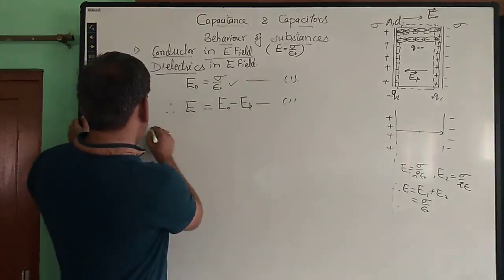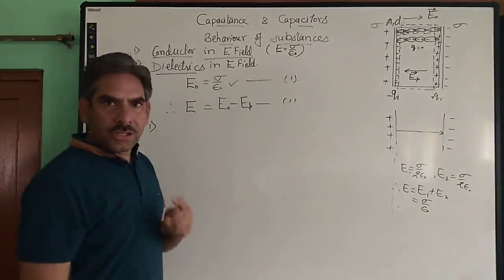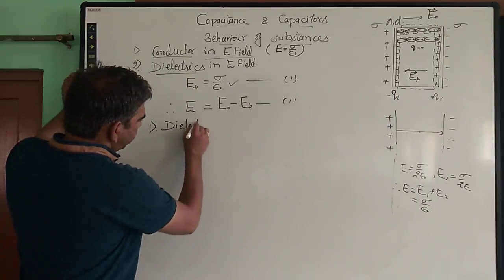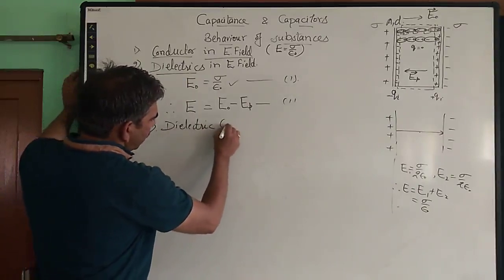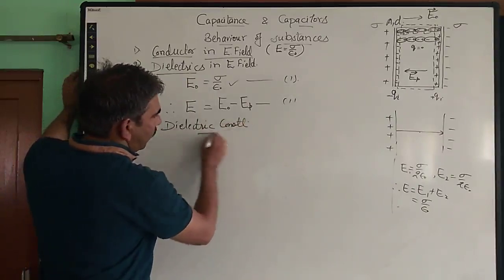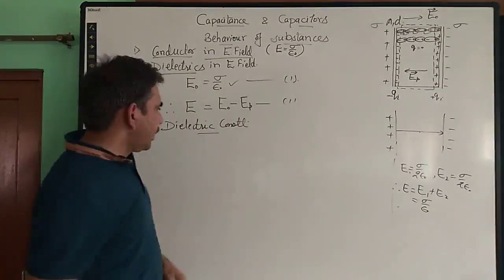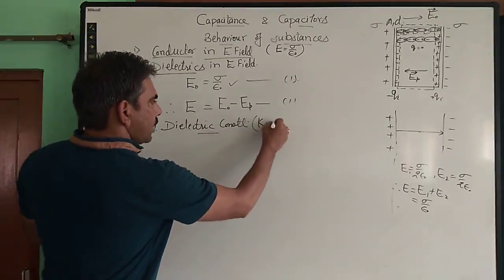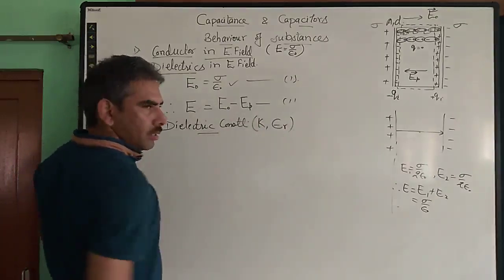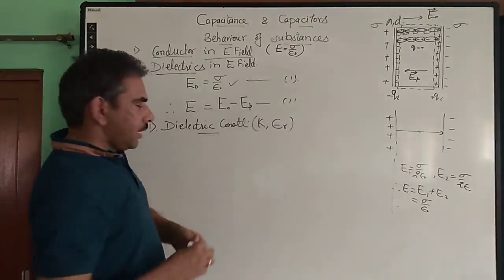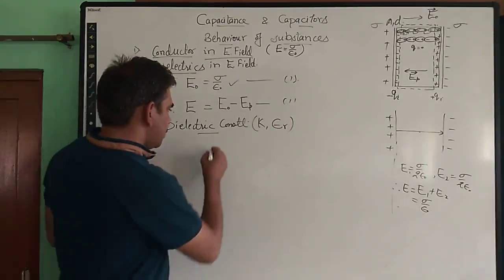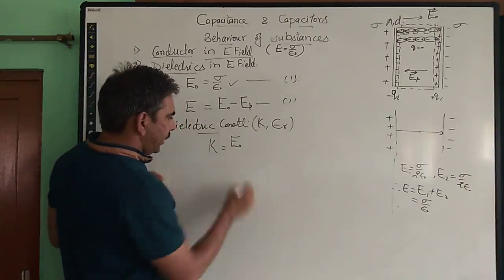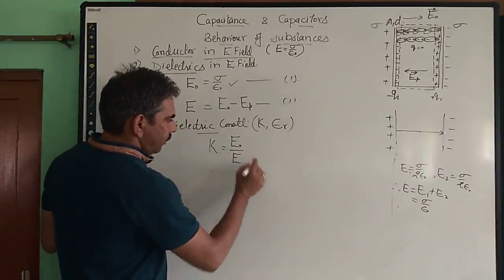Another thing we discuss here is a few important properties, three here. One is the dielectric constant. The dielectric constant of this non-polar dielectric is indicated by K, or it is also indicated by epsilon R. The dielectric constant here can be defined as the ratio of the applied electric field to the reduced value of the electric field.